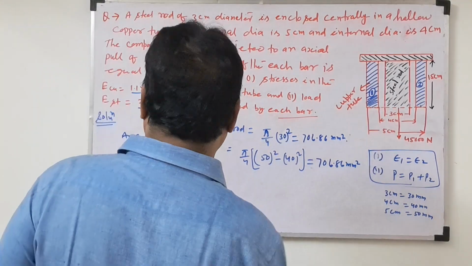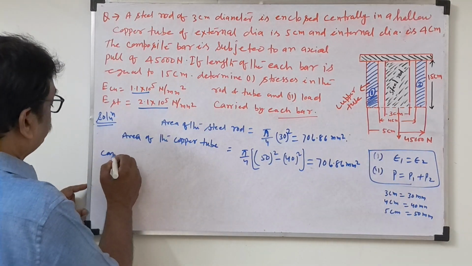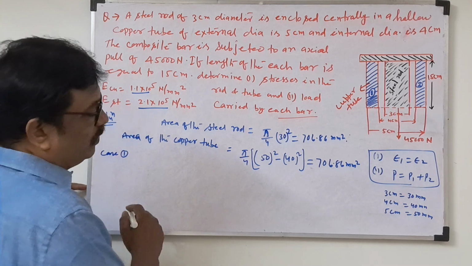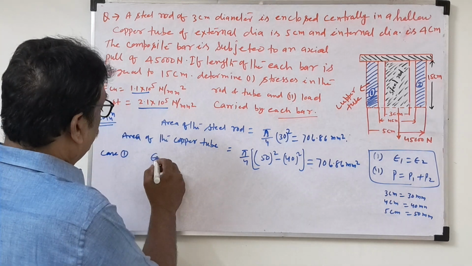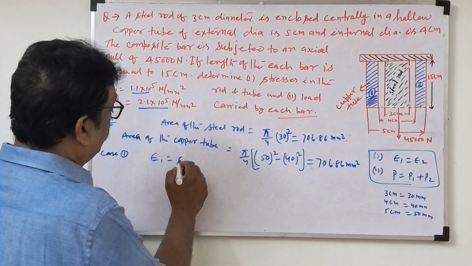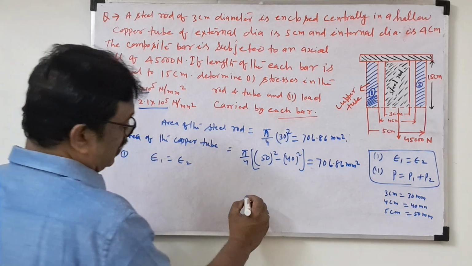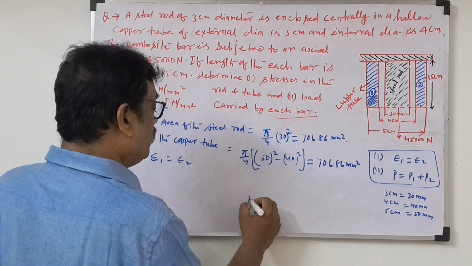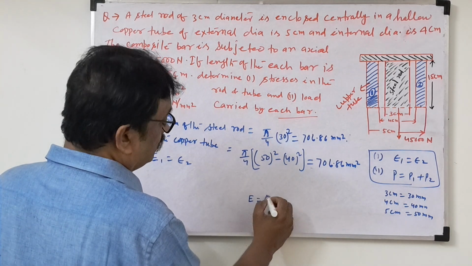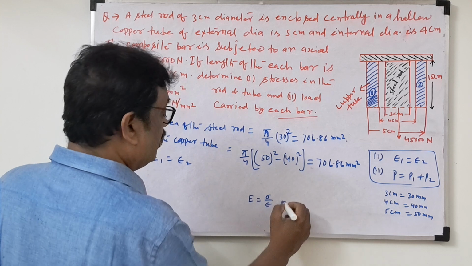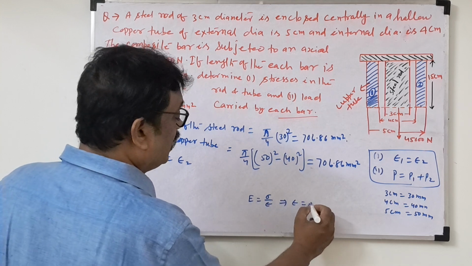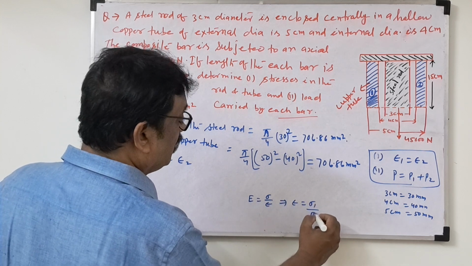Now you see this case 1: the strain of the copper tube equals the strain of the steel rod. We know the Young modulus equals stress by strain, so strain equals stress by Young modulus.